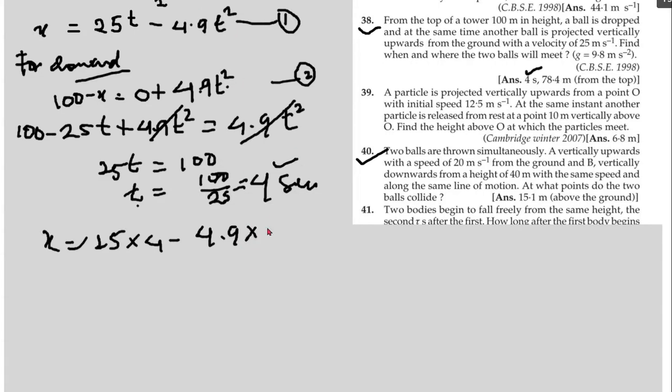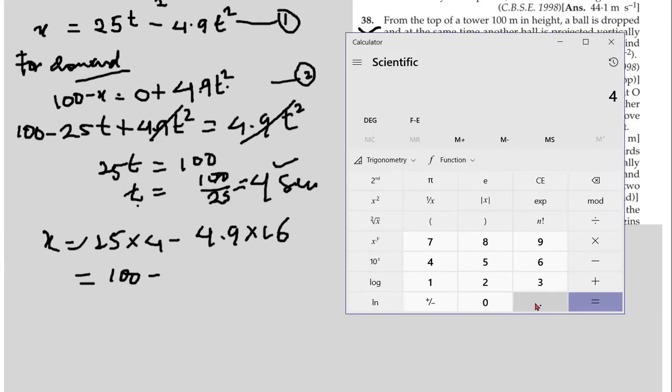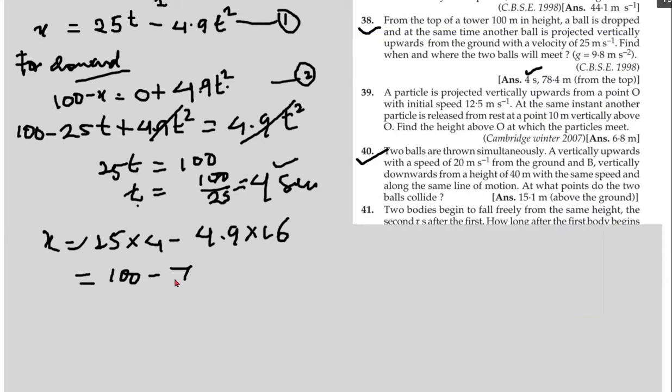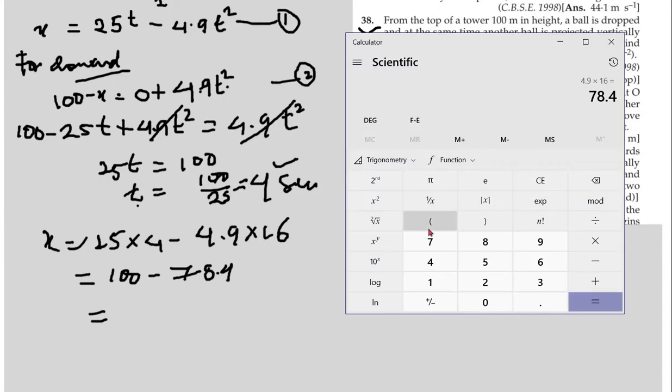So 100 minus 4.9 into 16, which is 78.4. So 100 minus 78.4 equals 21.6 meter from the ground.